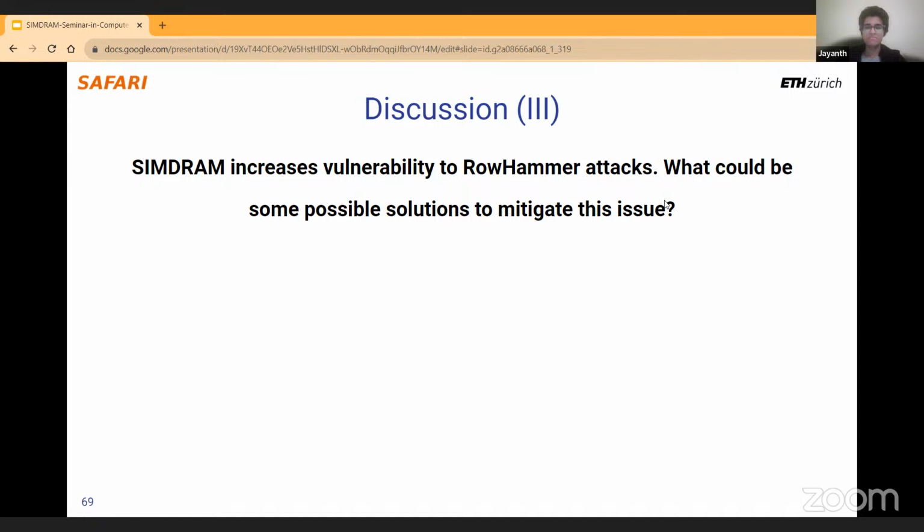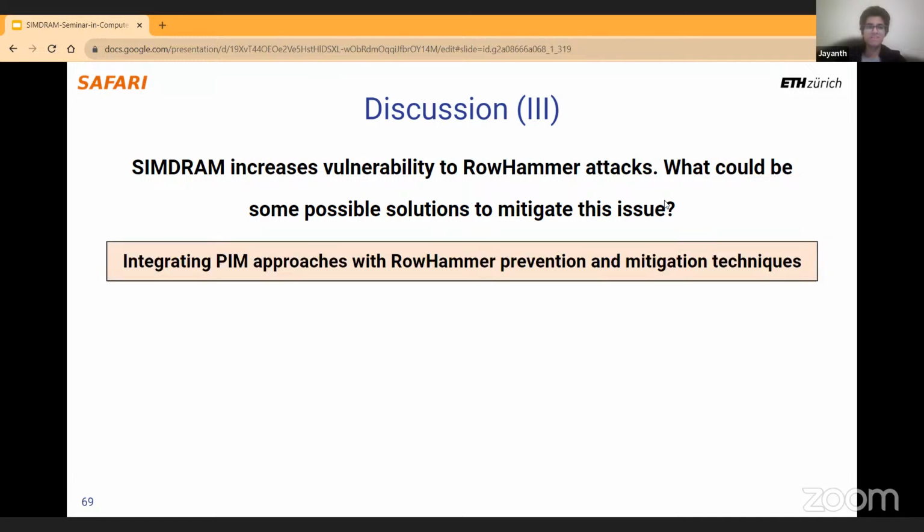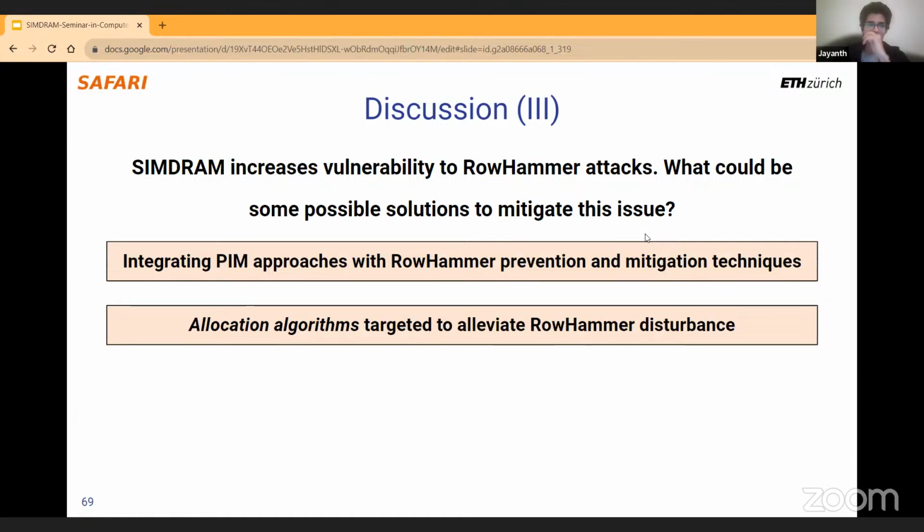So yeah, the obvious answer is to integrate processing-in-memory approaches with RowHammer prevention and mitigation techniques. And some others: the allocation algorithms can try to alleviate this disturbance by suitably allocating the operand rows to make sure that a RowHammer attack could not be launched.